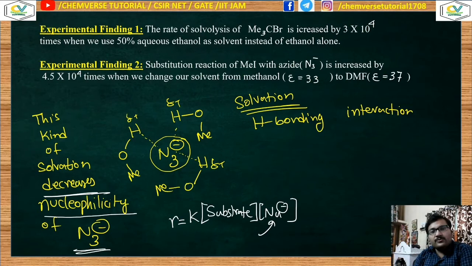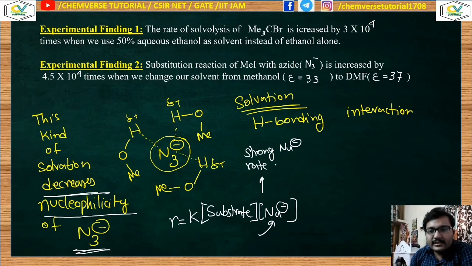So a strong nucleophile means the rate of SN2 will increase. In the next class I will discuss the effect of nucleophile on nucleophilic substitution reactions, mainly the SN2 reaction. So methanol is a polar protic solvent, and that is why it is decreasing the nucleophilicity of the azide, and the rate will be slower in methanol.